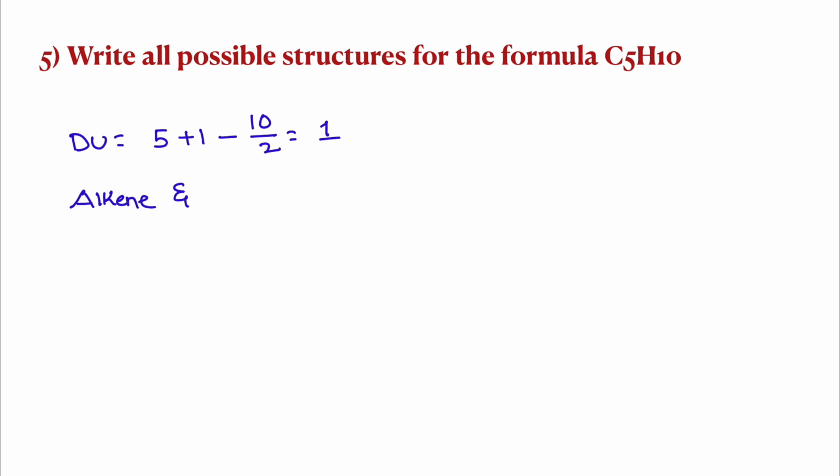The next question, here the formula given is C5H10. Same pattern I am following. Degree of unsaturation is the number of carbon atoms plus 1 minus the number of hydrogen atoms divided by 2. Degree of unsaturation is 1. For a hydrocarbon with 1 degree of unsaturation, the possible structures are alkenes and cycloalkanes.